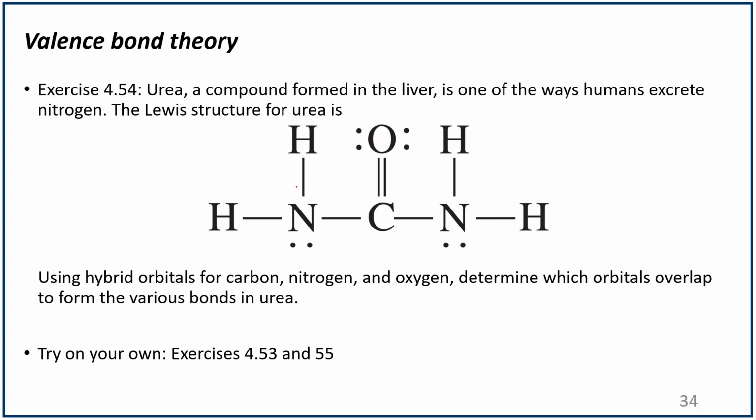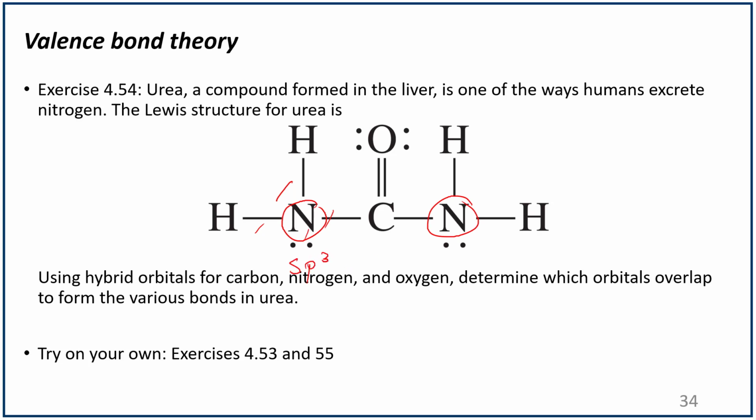For the hybridization here of nitrogen, you can see this has 1 electron domain, 2 electron domains, 3 electron domains, and there are actually 4 electron domains around nitrogen. It just so happens that one of them is a lone pair, and 3 of them are bonding pairs. So therefore, nitrogen here, as well as this other nitrogen, should be sp3 hybridized.